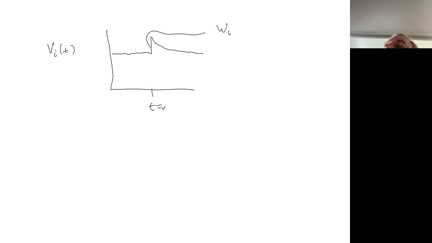When you have a delta impulse, V_i of t goes along, jumps up and decays, and the amount it jumps up is W_ij over tau. And so W_ij is going to equal the size of a PSP, of an EPSP, which is by definition the size of a PSP.